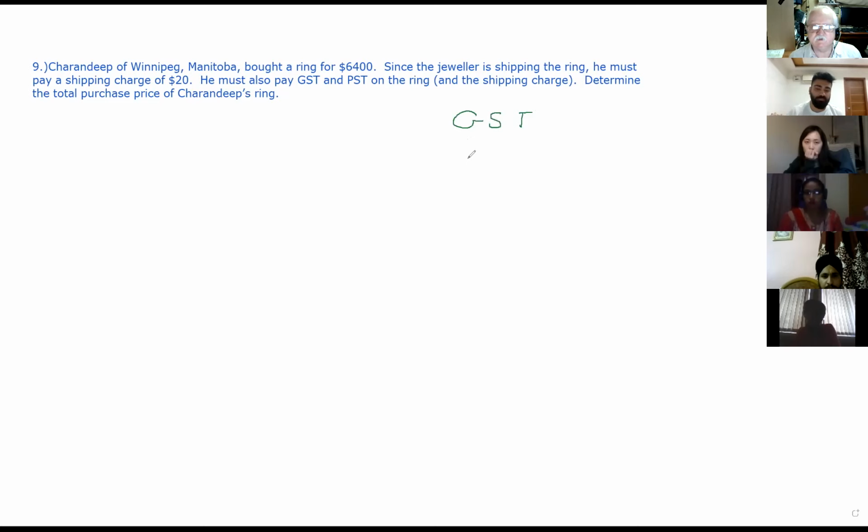In Canada, that stands for Goods and Services Tax. Now, in India, do you have a value added tax? Like in England, they have the VAT? Yes, sir. Well, this is similar to the British VAT.